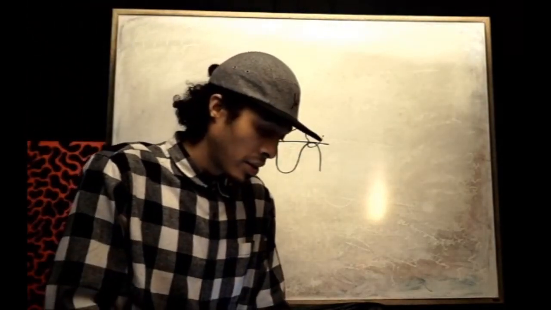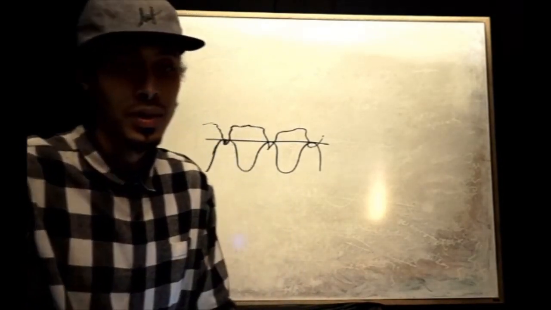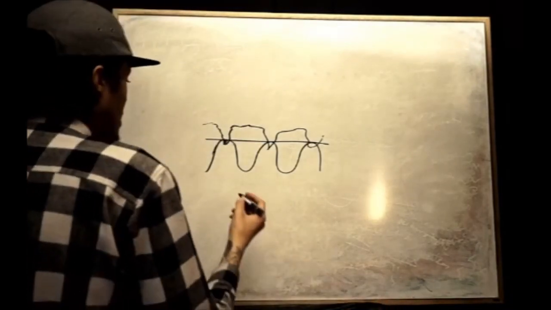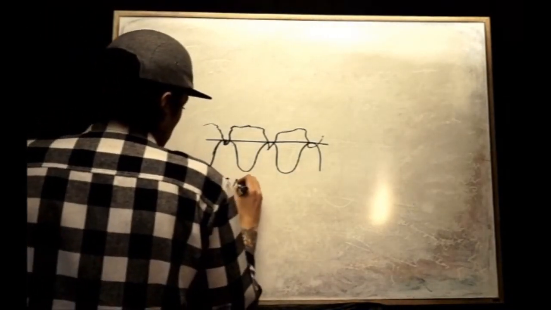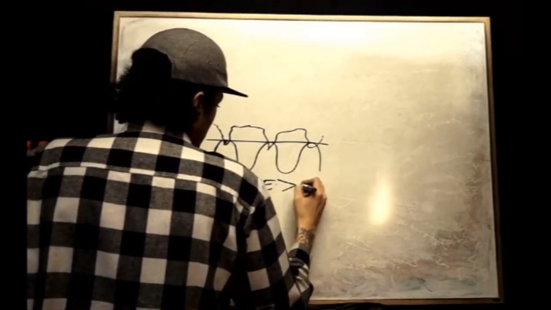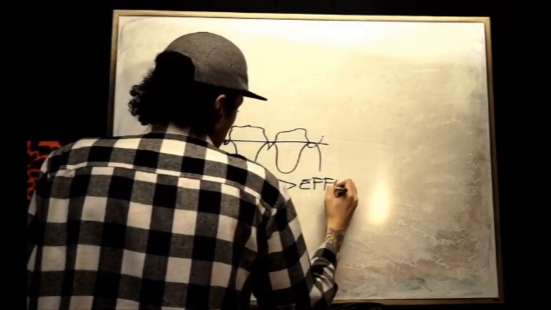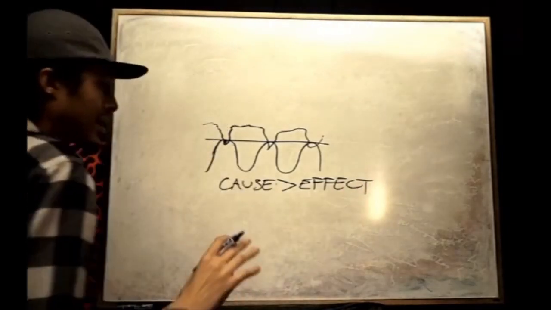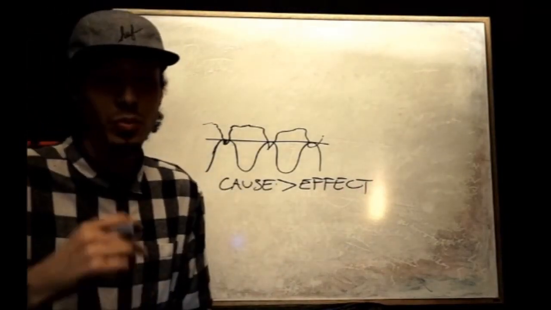So our traditional idea of cause and effect is a little flawed. We like to think of things as cause and then the effect, right? We like to think in terms of cause and effect, like a two-step process.